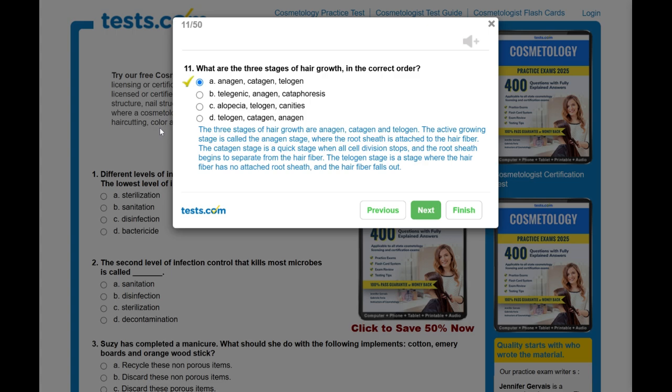The 3 stages of hair growth are anagen, catagen, and telogen. The active growing stage is called the anagen stage, where the root sheath is attached to the hair fiber. The catagen stage is a quick stage when all cell division stops and the root sheath begins to separate from the hair fiber. The telogen stage is a stage where the hair fiber has no attached root sheath and the hair fiber falls out.